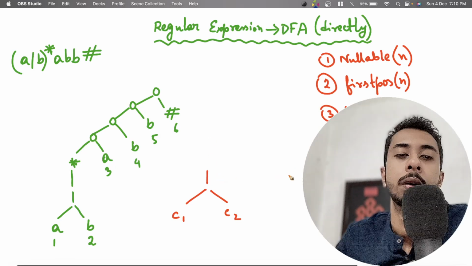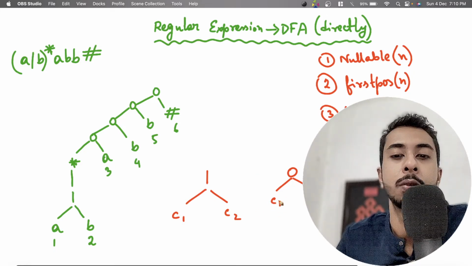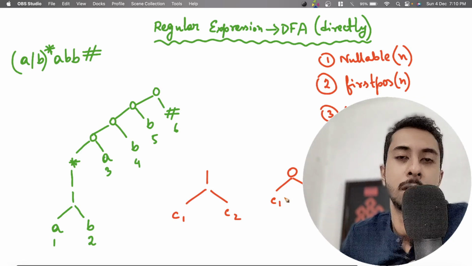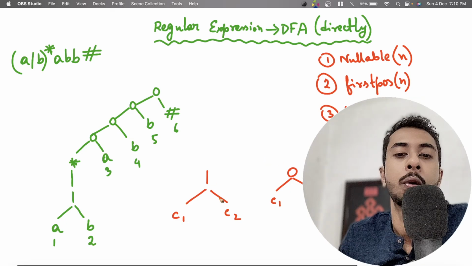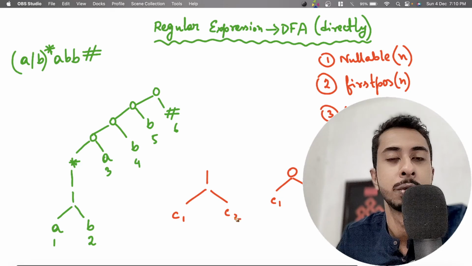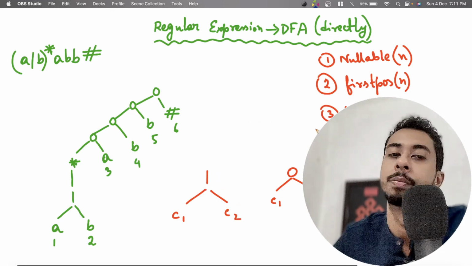On the other hand, what about a cat node? Let's say C1 and C2 are the two children of the cat node. Both of them have to be nullable. Say C1 is nullable as well as C2 is nullable. Then only the cat node is nullable. On the other hand, for OR, if either C1 is nullable or C2 is nullable, the OR node is nullable. As simple as that.